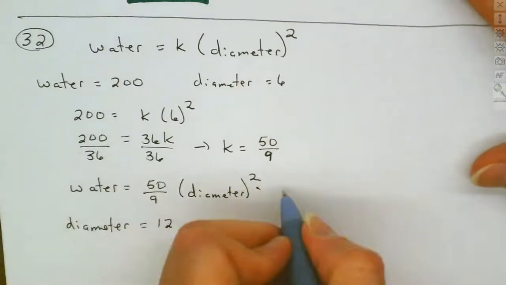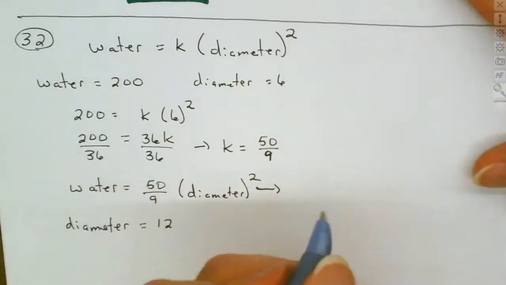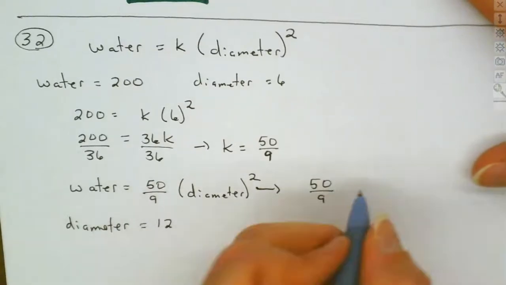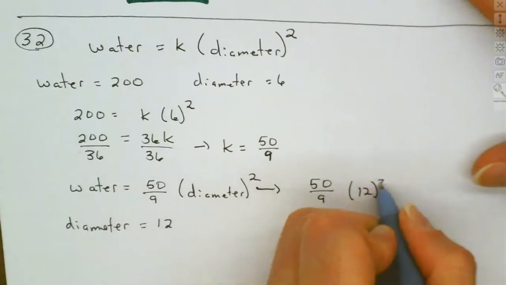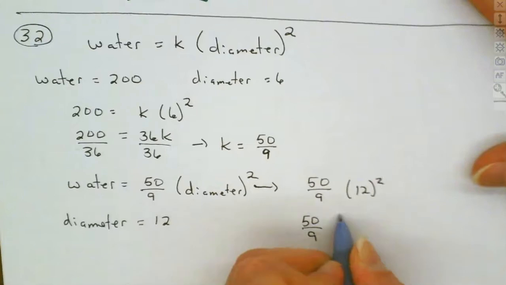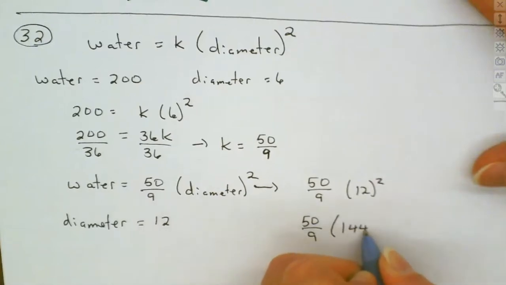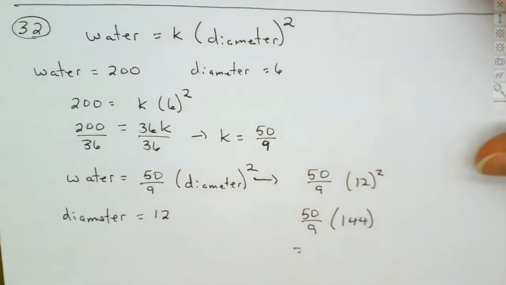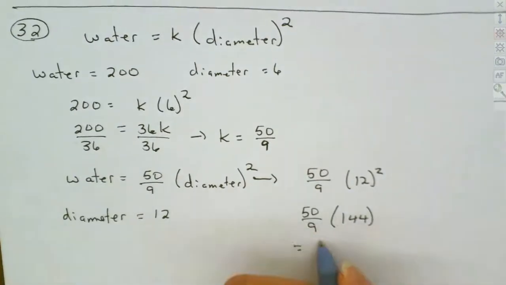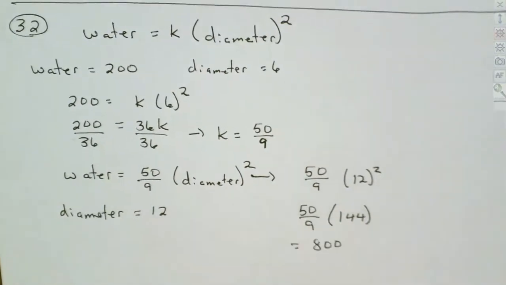So let's go ahead and plug that in. And we now have 50 over 9 times your 12 squared, which is then 50 over 9 times that 144. And 50 over 9 times 144, well, that comes out to be, when you work it out, 800.